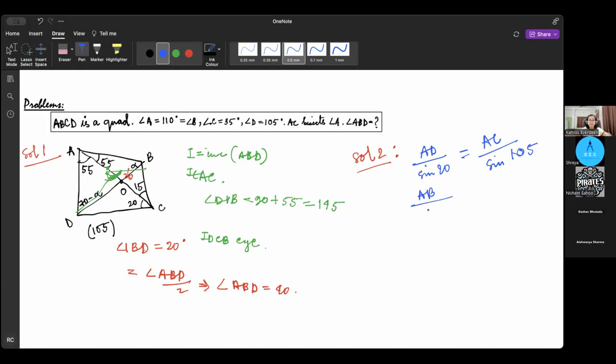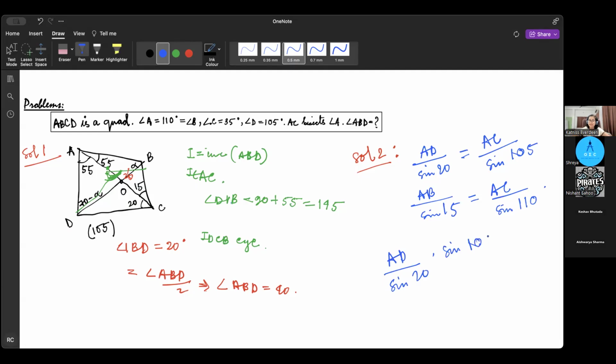So AB by sine 15 is AC by sine 110. So we can just divide these two, right? So we will get AD by sine 20 into sine 105.